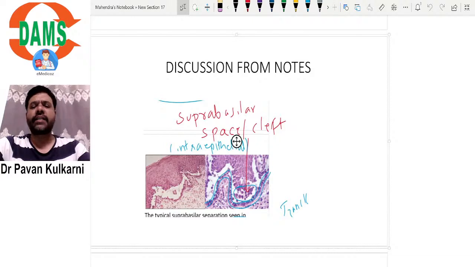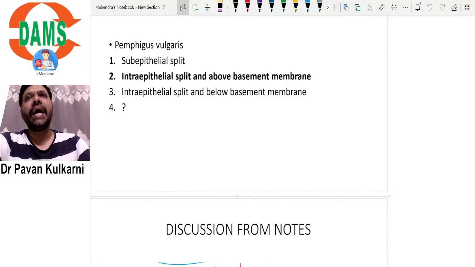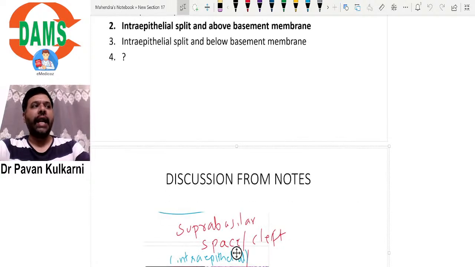That is the characteristic split that you see in Pemphigus vulgaris. There were two options here, above the basement membrane and below the basement membrane. Intraepithelial obviously means above the basement membrane, and subepithelial means below the basement membrane. So the intraepithelial split above the basement membrane is seen in Pemphigus vulgaris.